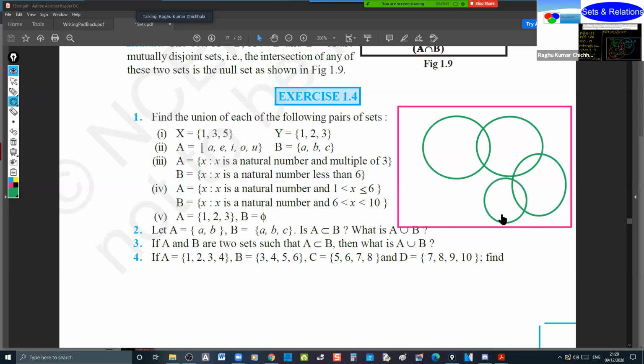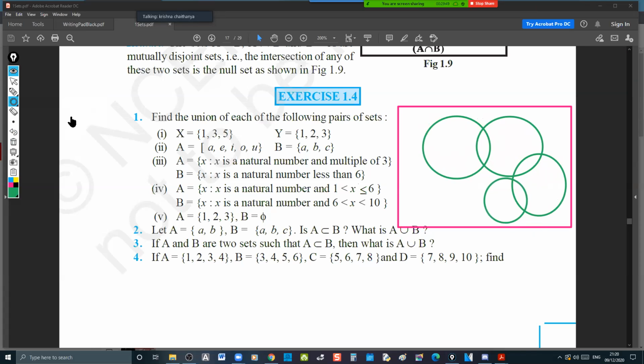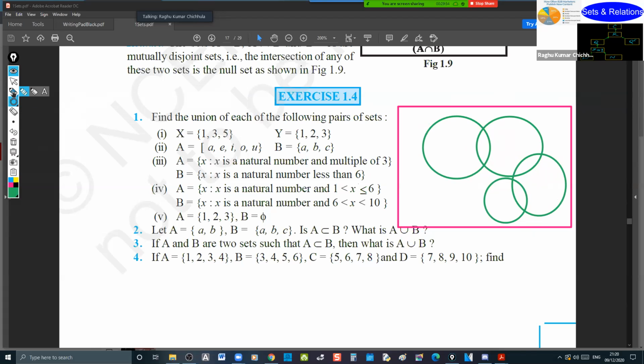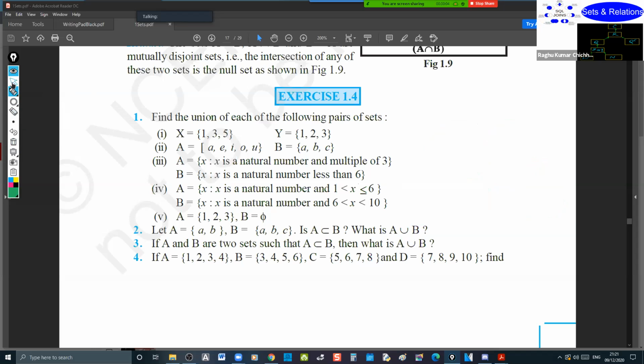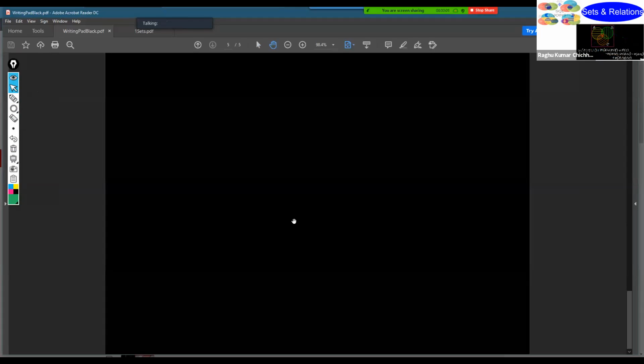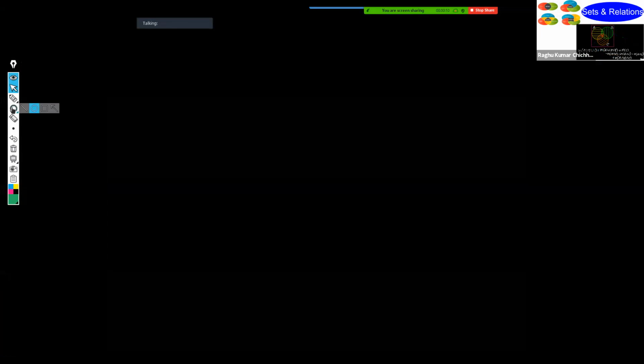Chaitanya, do you see the diagram here? Yes, sir. So let us write that. 1, 2, 3, 4 means, let me make it more clear, please, just a moment. If you draw the Venn diagram, that will be more comfortable for you. Here I'm taking the universal set.